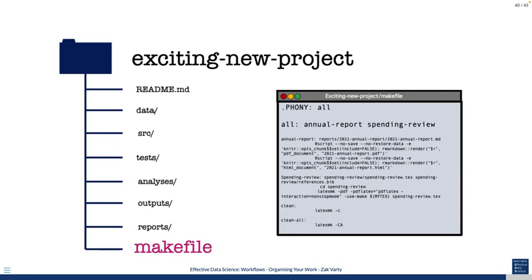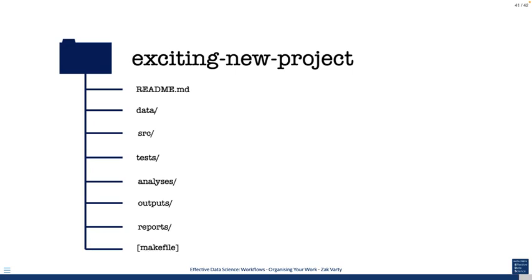So make.r or make.md. In this file, you can define the intended run and order and dependencies of your project. And if you choose to use an R file, you might also want to automate the running of some parts of your analysis. And that completes our template project structure.